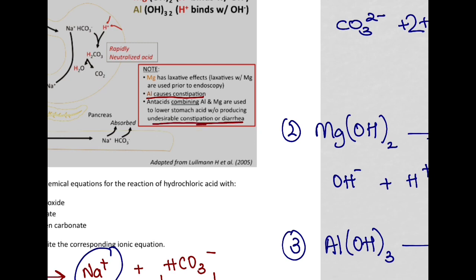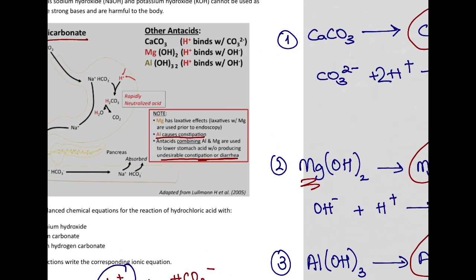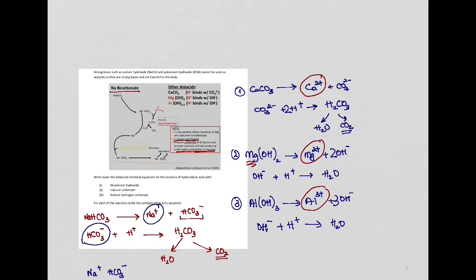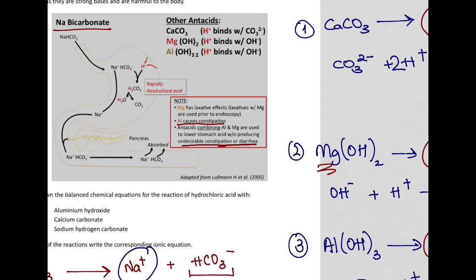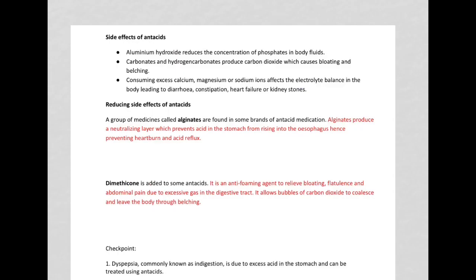So these are side effects. Moreover, magnesium is a laxative, which means that it can produce diarrhea. It is generally used prior to endoscopy, where we need to clean the colon. So magnesium hydroxide is given for its laxative effect.